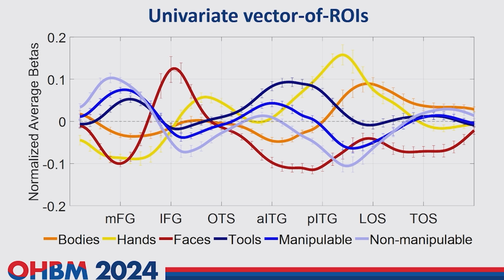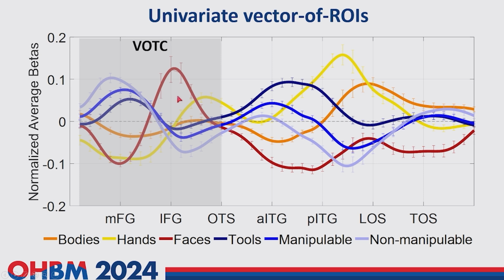So first of all, the univariate. What's happening here? On each point on the x-axis is a sphere, so from medial to dorsal posterior. And on the y-axis, we have the beta values, so how much each category activates the corresponding sphere. And we can see that in ventral OTC, we observe in all medial regions an activation for all inanimate objects, especially for large non-manipulable objects.